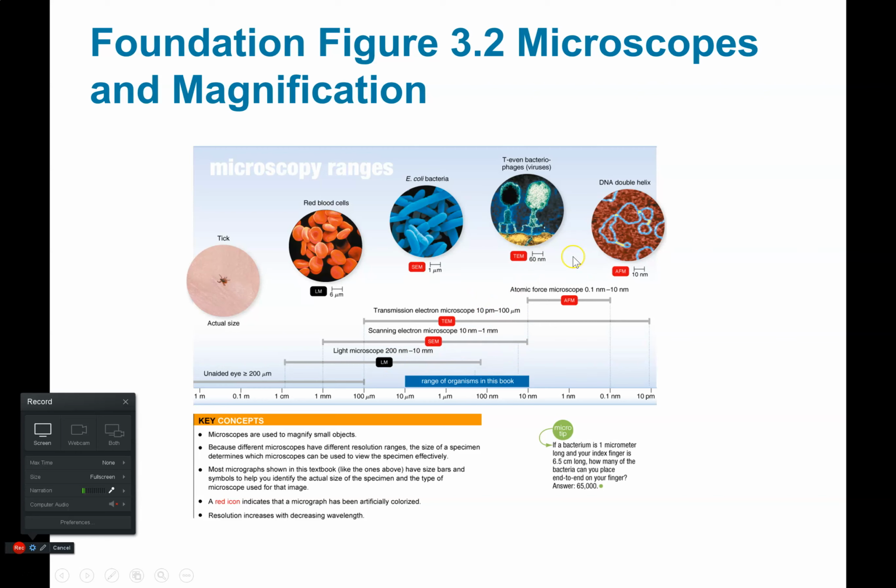And then on the far end, you have DNA, which is quite small, in the nanometer to picometer size range. You can see it with some electron microscopes, with the transmission electron microscope, but your better view often is with what's called an atomic force microscope, or AFM.